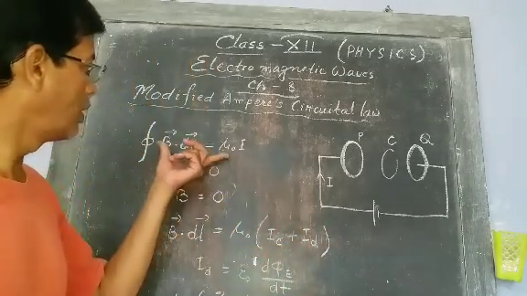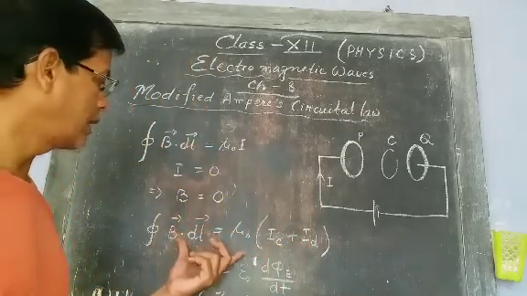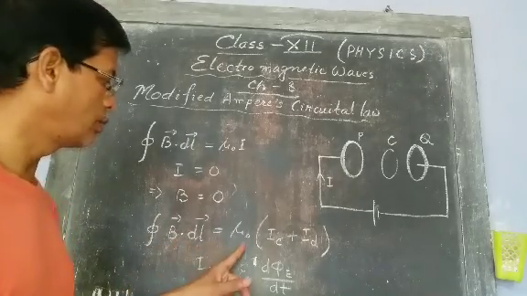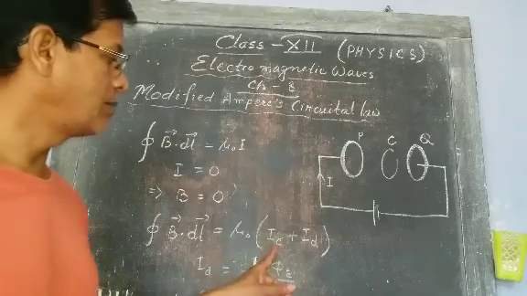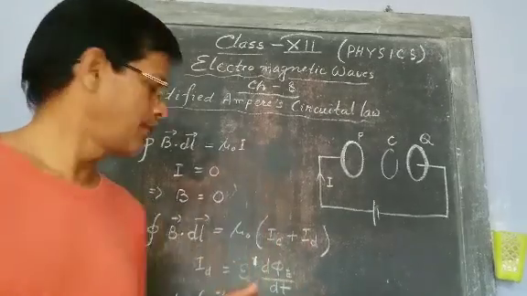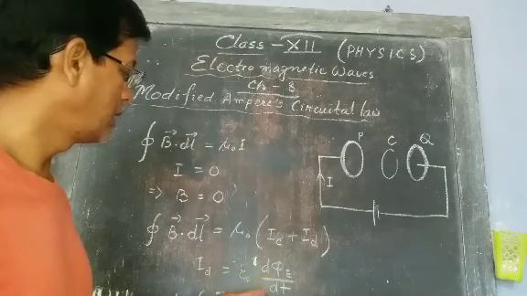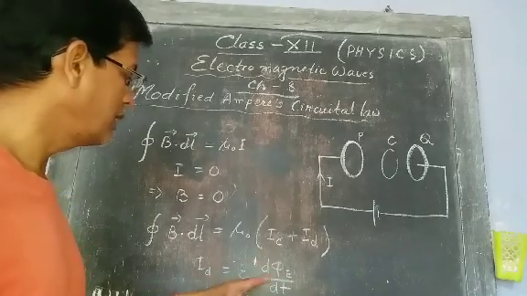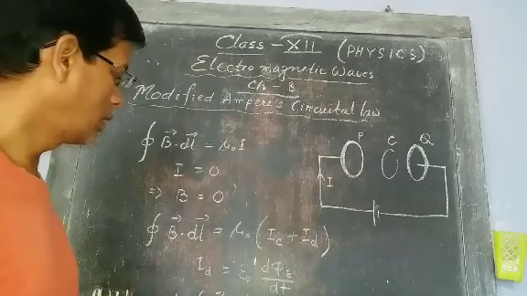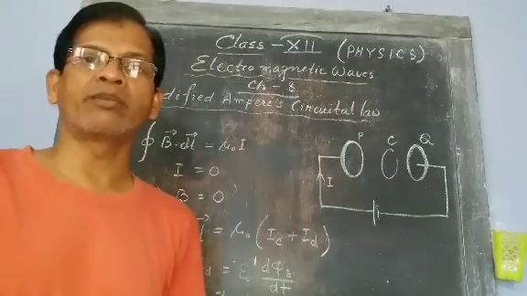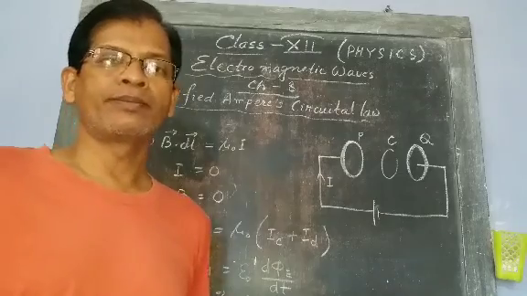So the law is modified in this form: closed integral of B dot dl equal to mu naught (IC plus ID). But what is ID? ID is epsilon naught d phi E by dt. So the modified Ampere's circuital law is this, and this modification is done by Maxwell.